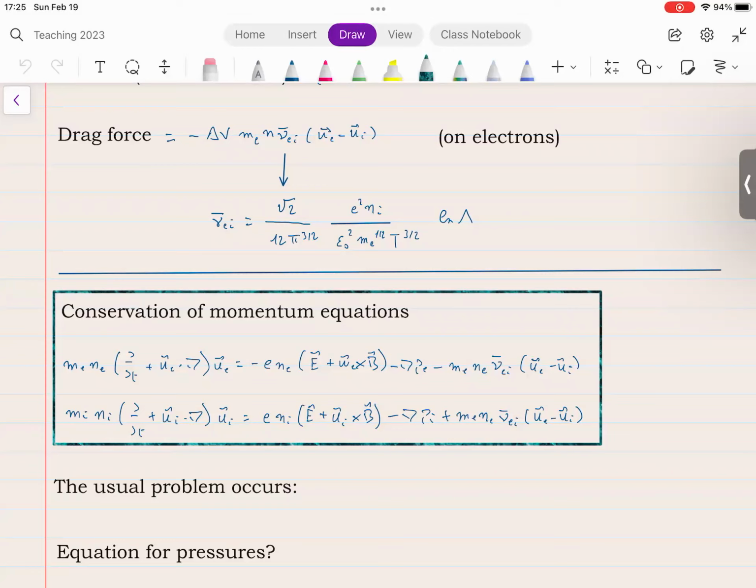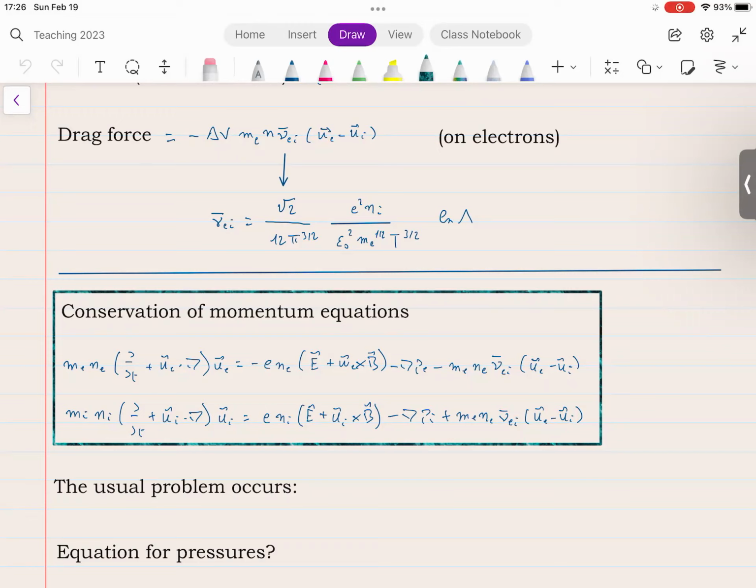Or we write an equation for energy, or if you prefer, for conservation of energy. That's going to give me an equation for the pressure. And I'm not going to derive them, but the equations for conservation of energy are derived in the same way.